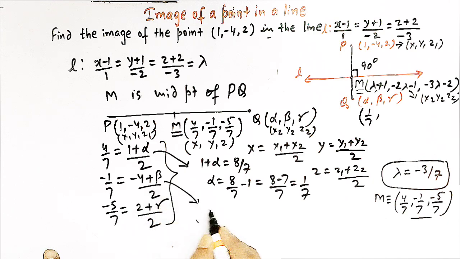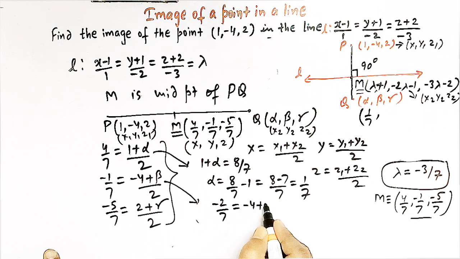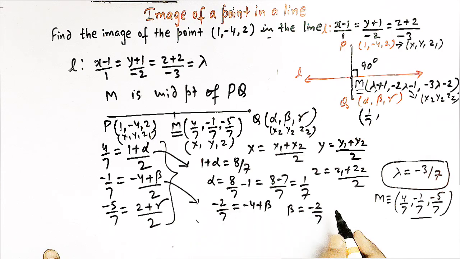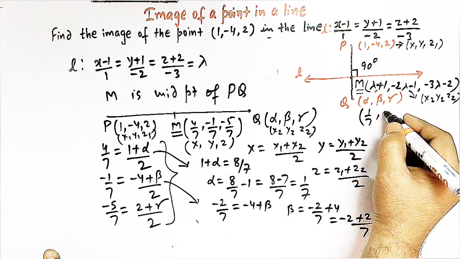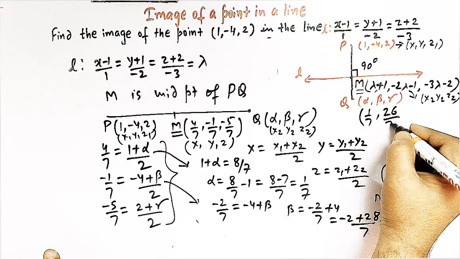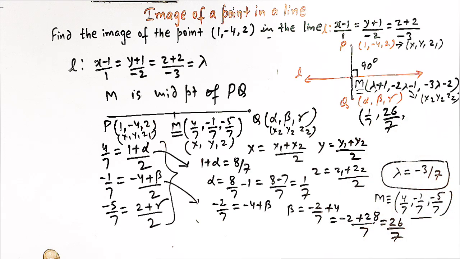Now from here we have minus 2 over 7 is equal to minus 4 plus beta. So beta is minus 2 over 7, taking minus 4 to this side, we have plus 4. So we have minus 2 plus 28 over 7, that is 26 over 7. So here we have beta as 26 over 7.